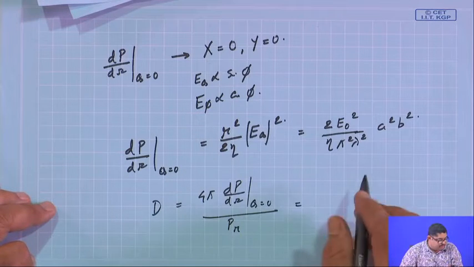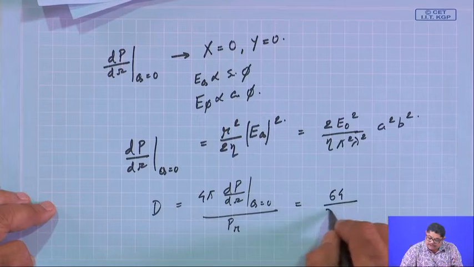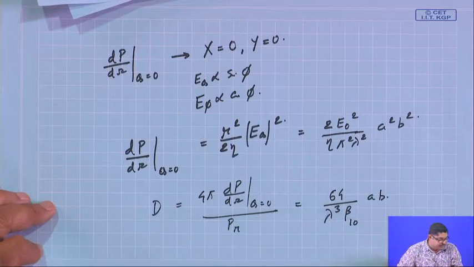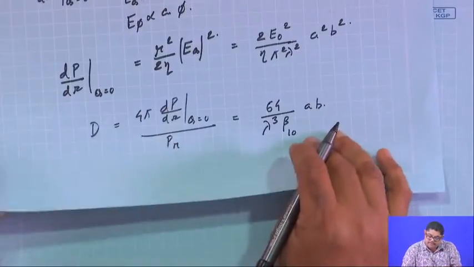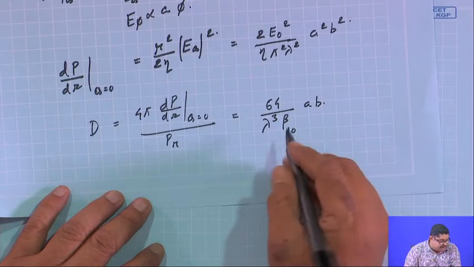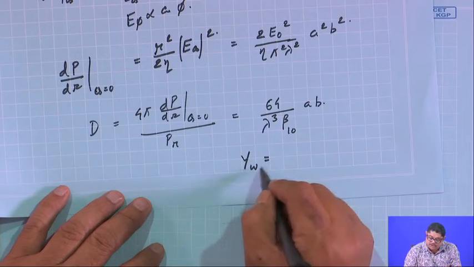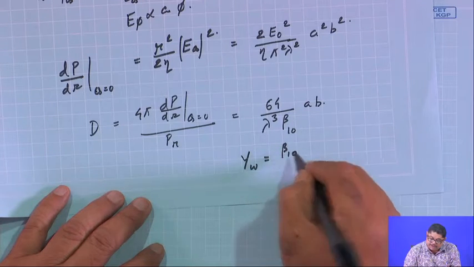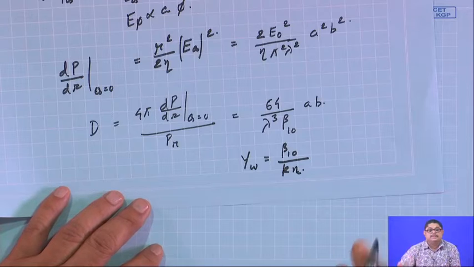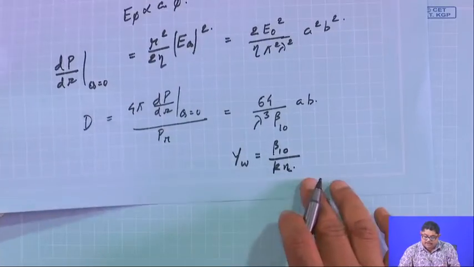So, if you put that, you will get 64 by lambda cube beta 10 ab, where, I am telling you, the wave impedance of the TE10 mode is beta 10 by k eta. You can see our NPTEL lecture on transmission lines and waveguides, where we have already found these terms.